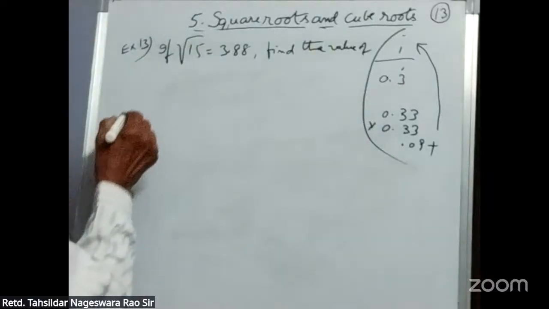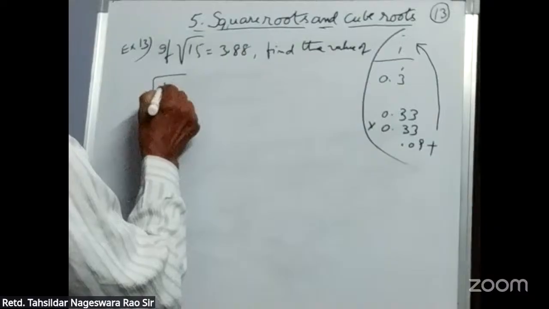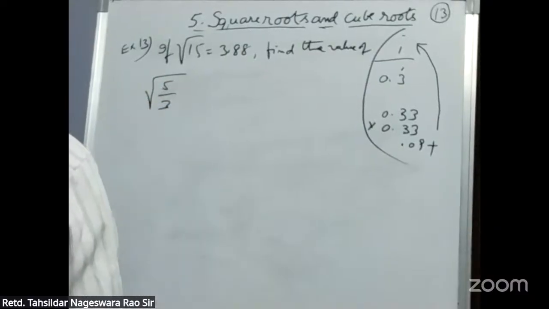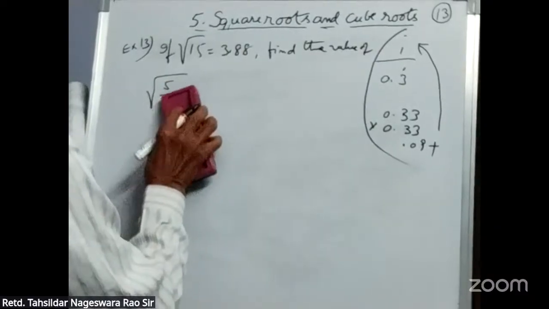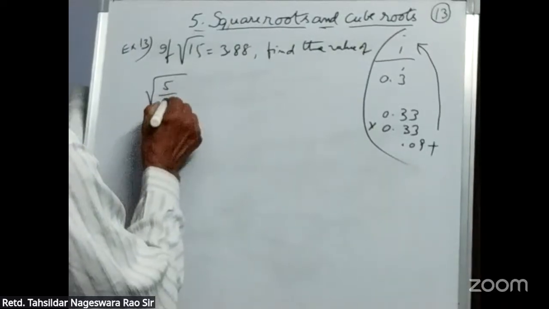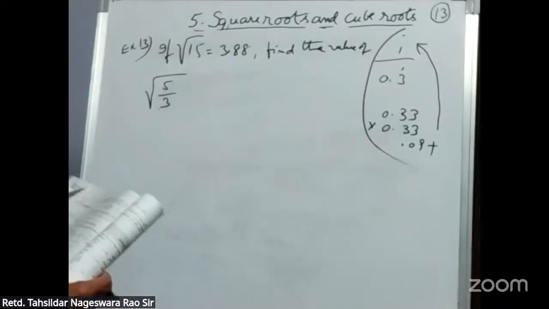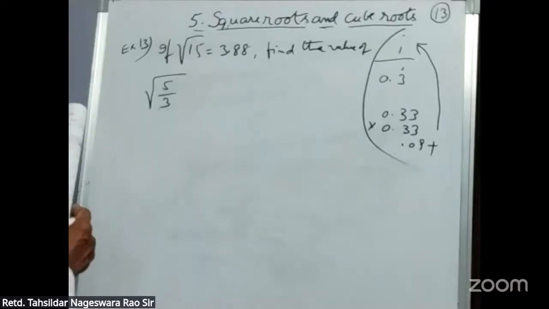Find the value of root 5 by 3. Root 15 is given. What is root 5 by 3?